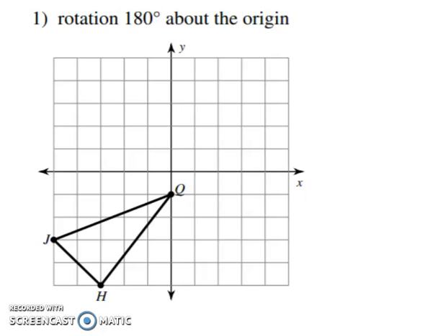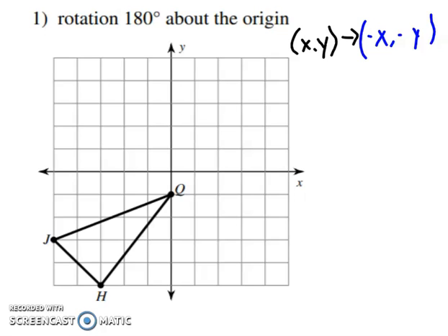So let's think of our rule for when we rotate 180 degrees. Our algebraic rule looks like this. Our coordinate point x comma y turns into the opposite value of x comma the opposite value of y.